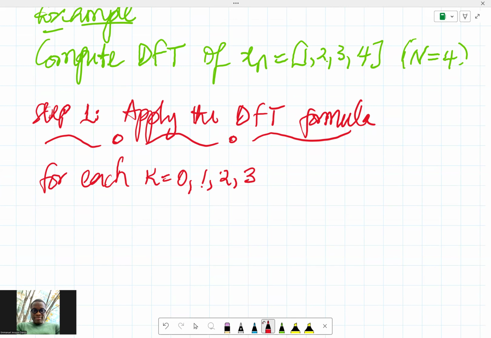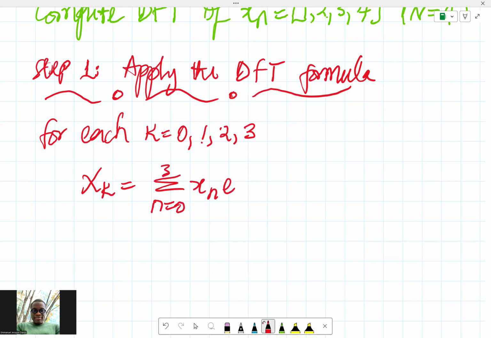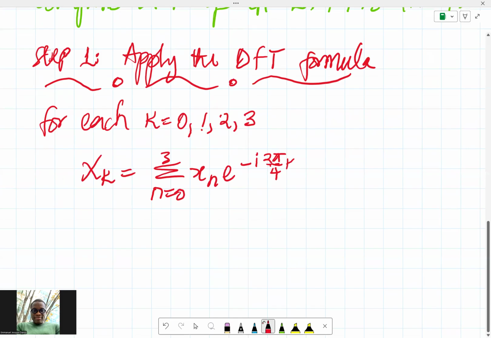That's where we go. And then that tells us that our X k is going to be summation from n equals 0 to 3 of x n e raised to the power minus i 2 pi over 4, big N, then kn. And we already know that k is equal to 0, 1, 2, 3.